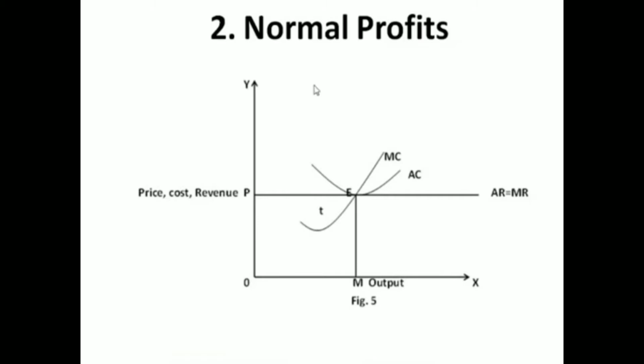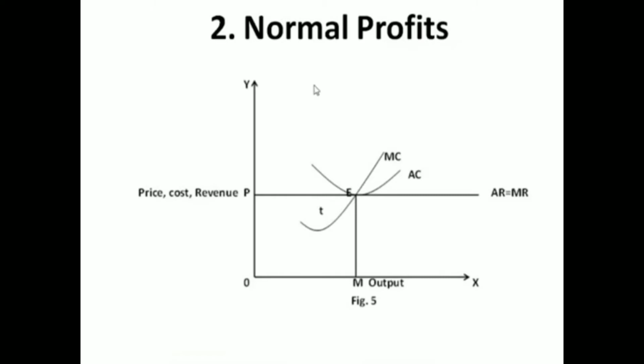This means that the demand curve for a firm under perfect competition is perfectly elastic. Again, about the cost curves, AC is a U-shaped curve, MC is cutting AC at its minimum point, and equilibrium is at the point where MC is equal to MR, that is the marginalist condition for profit maximization. And this is at the point E.